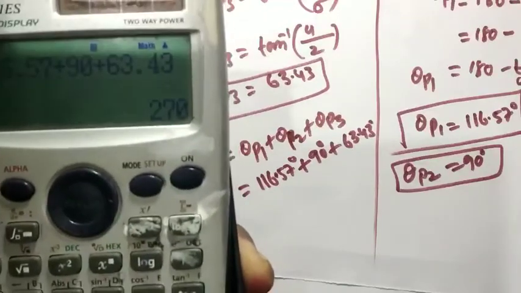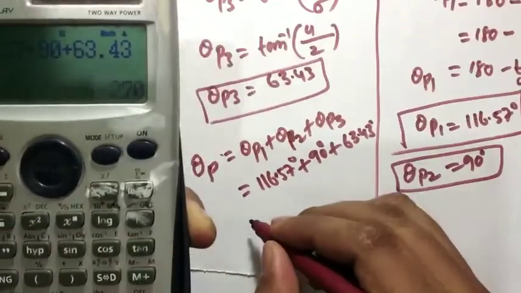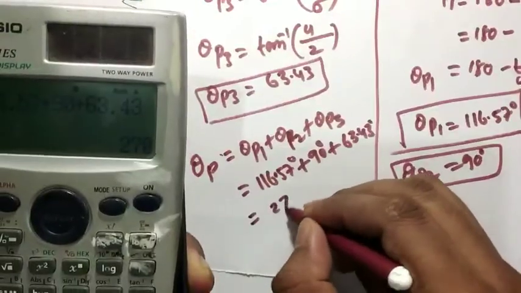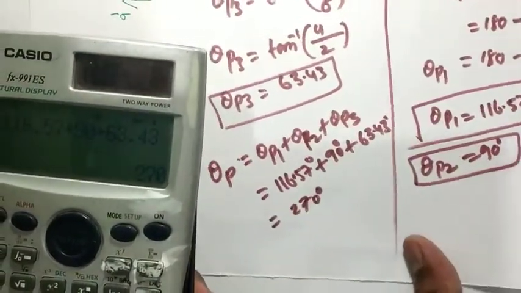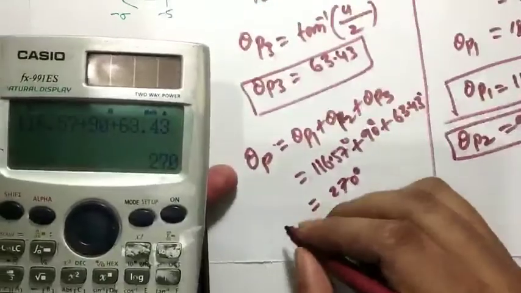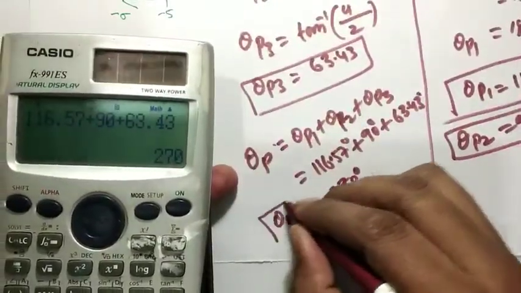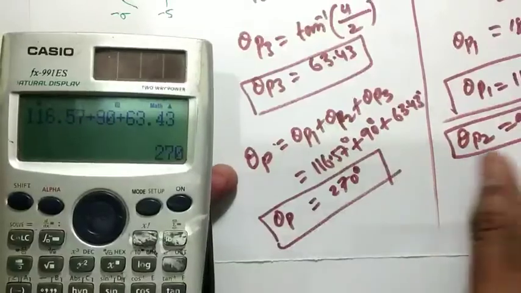You got 270 degrees. So I'm going to substitute this in the equation. Theta p is equal to 270 degrees.